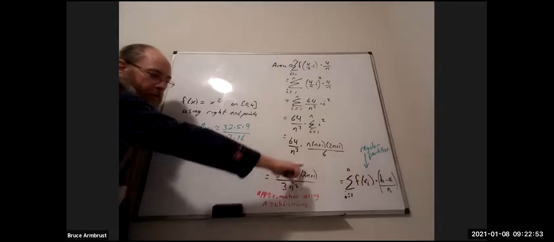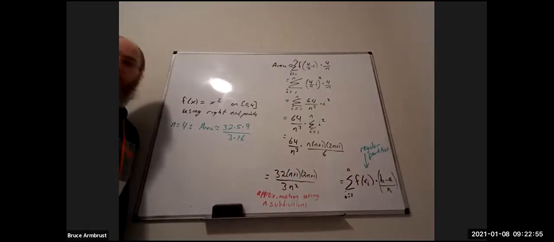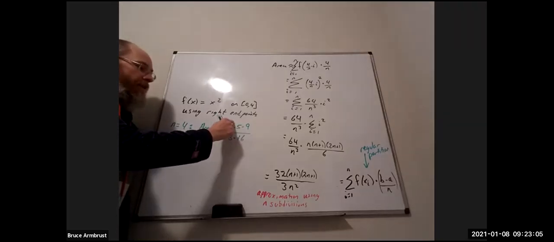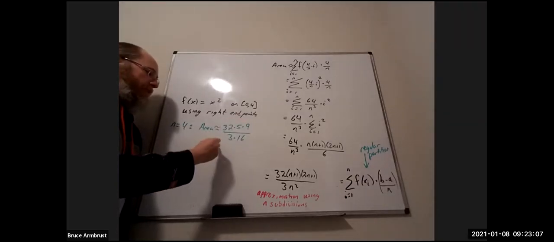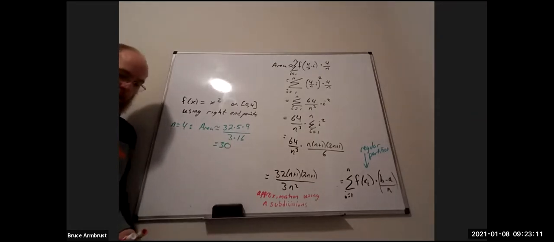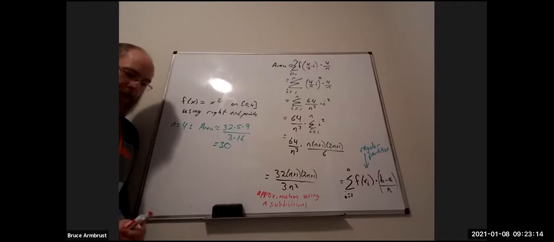I just plugged in a 4 everywhere there was an n. Well, let's calculate it. 32 divided by 16 is 2. 3 goes into 9 3 times, so I get 2 times 5 times 3, which is 30. So when n is equal to 4, the right endpoints give us an area of 30. And if you go back and look at your notes from last time, we calculated this.